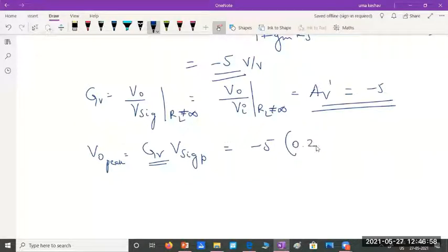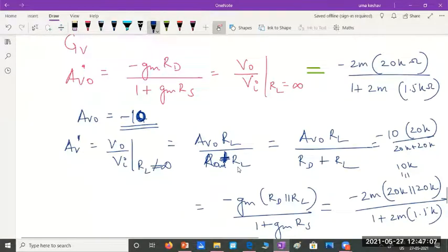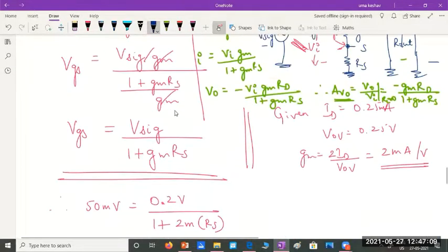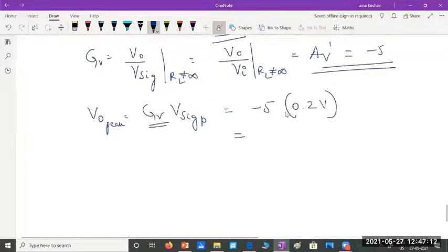And what is the peak value of the signal generator? 0.2 volts, right? So how much will this be? V sig was given as 0.2. Since we know the overall voltage gain, I am just writing this the other way round. What is the value? Minus 1 volt, correct? 5 into 0.2 it will be.